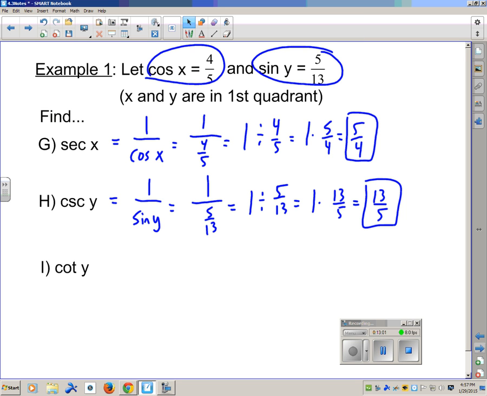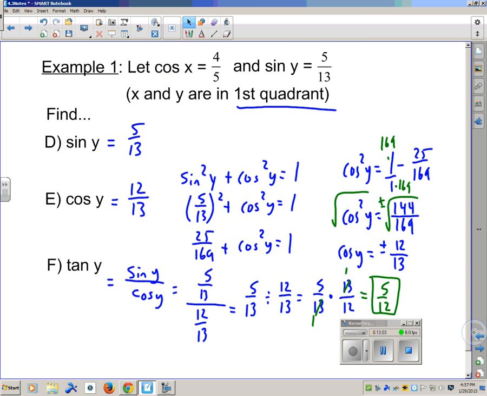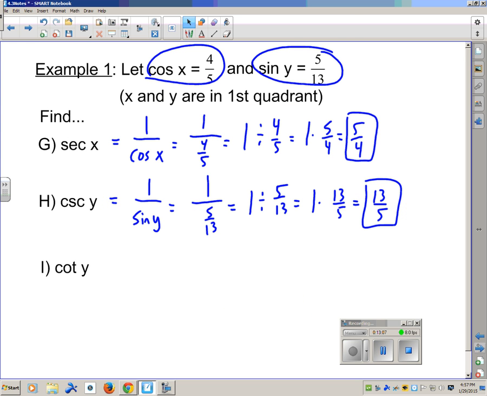Now I'm going to go back, because we found the tangent of y on the last page. The tangent of y we found to be 5/12. Cotangent also has a reciprocal relationship with tangent. So if your tangent of y is 5/12, what's your cotangent of y? You just flip it. You get 12/5.